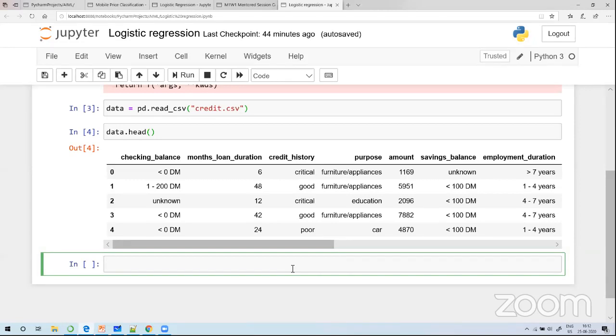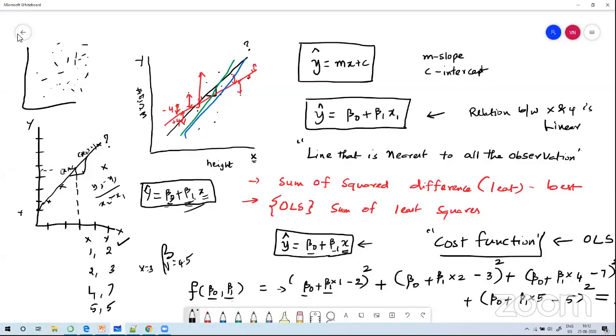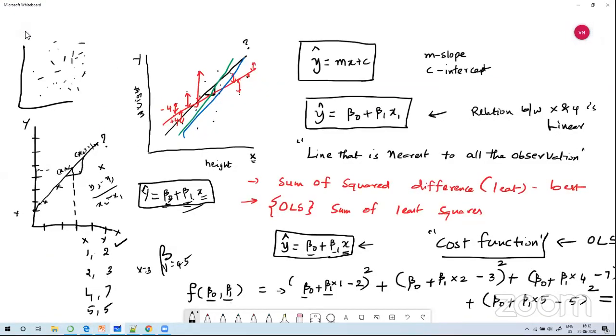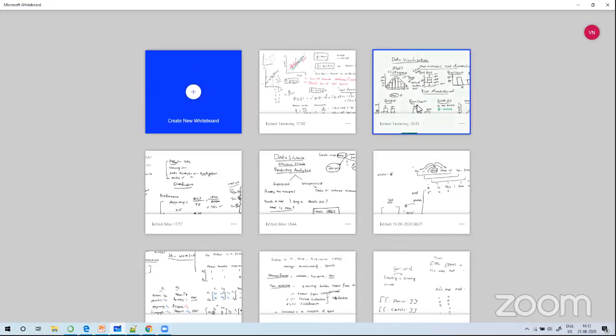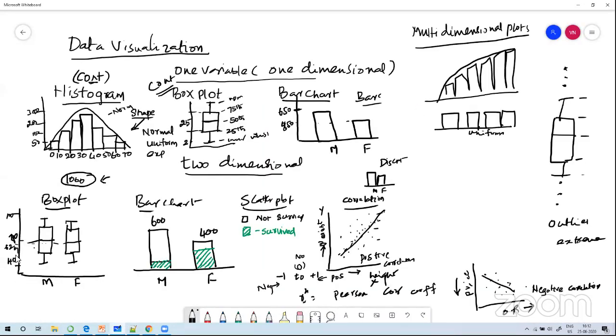If you remember the rule that I told during the visualization class, one of them here is a continuous variable. Loan duration is a continuous variable, numeric, and default or not a default is discrete. So that falls into this particular category.